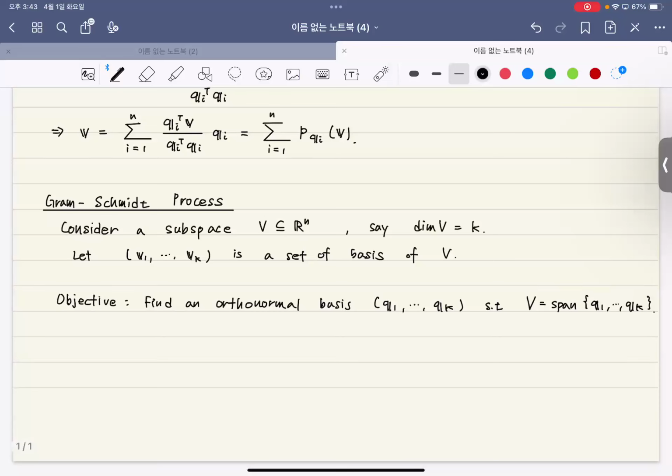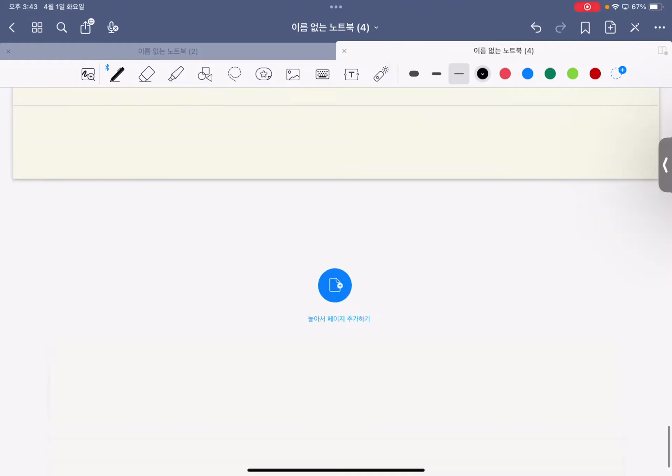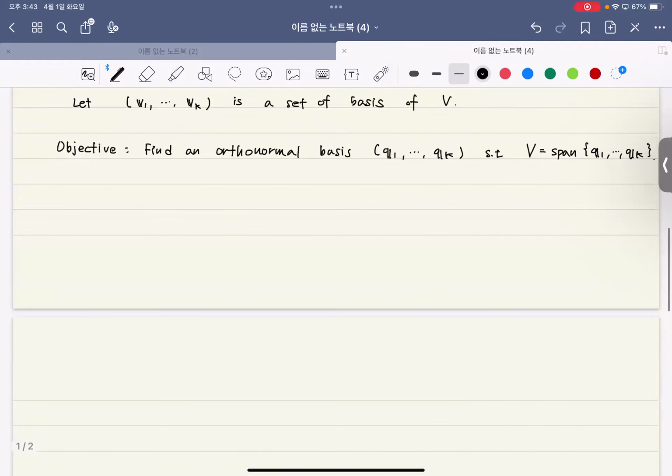I am running out of space, and I feel like I can introduce the Gram-Schmidt algorithm by breaking it down step by step.